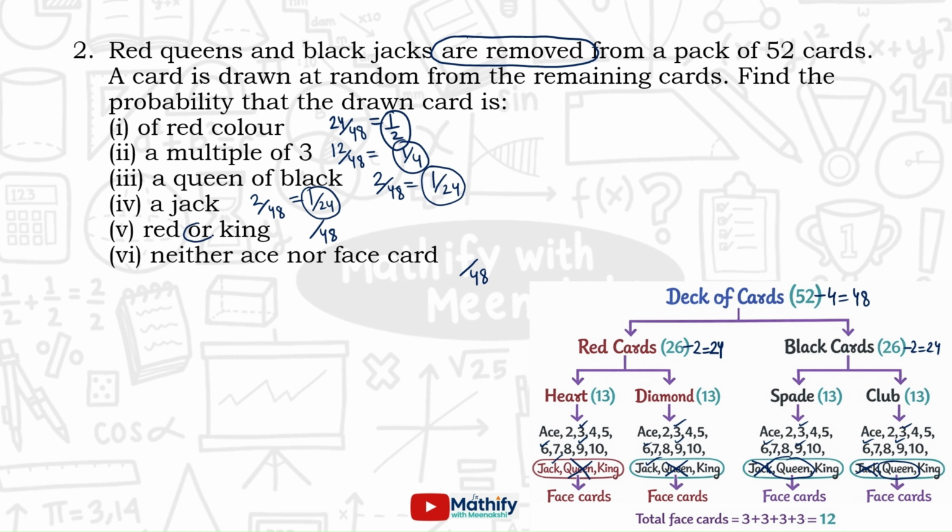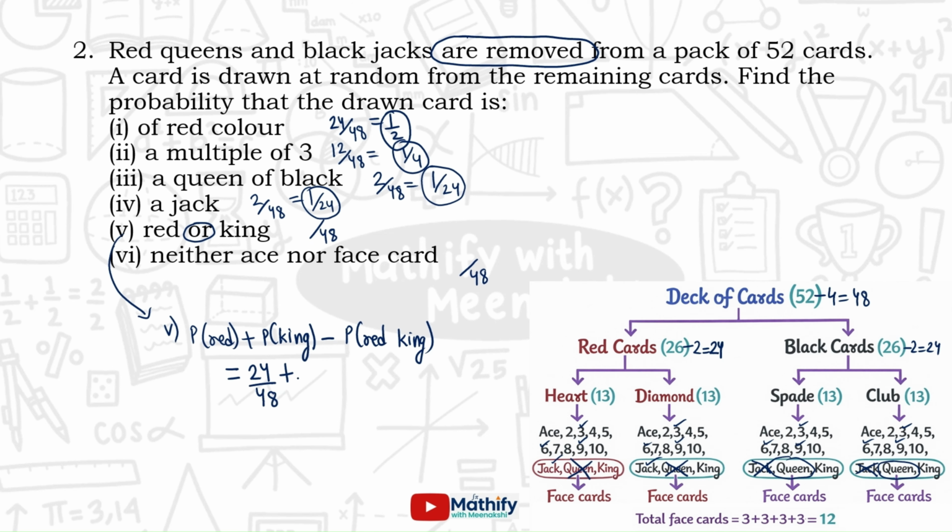Red or king. That means I will solve this part here. Fifth. Red or king means you will see probability of red plus probability of king, and then you will subtract both, that is red king. So let's see. Probability of red. How many red cards do we have now? We have just 24.